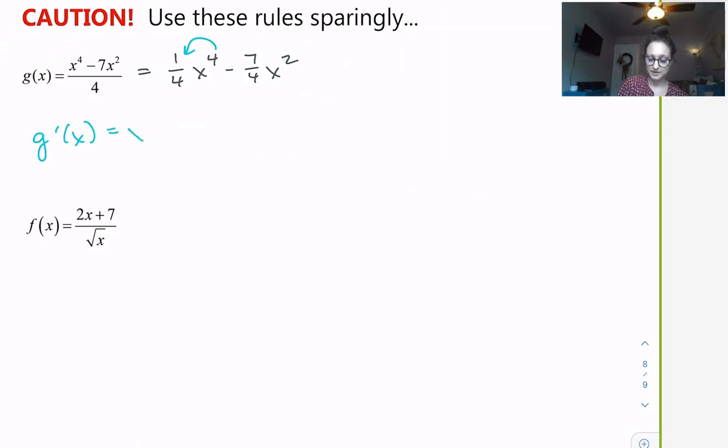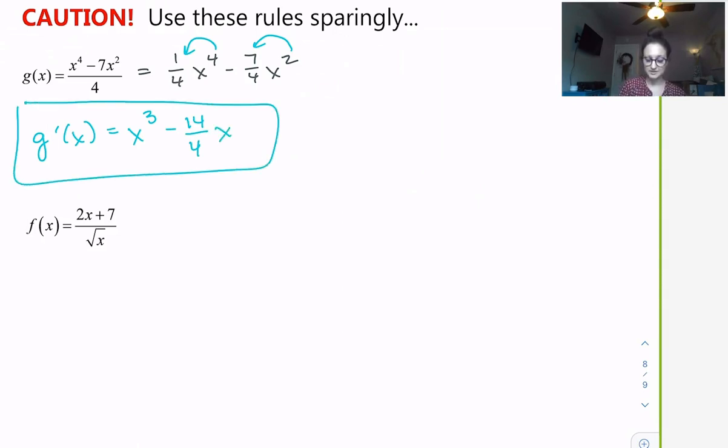So I've got x to the third minus, flying the 2 there, 14 over 4, also known as 7 over 2, x, okay? And then I'm done, and I totally avoided quotient rule, okay?